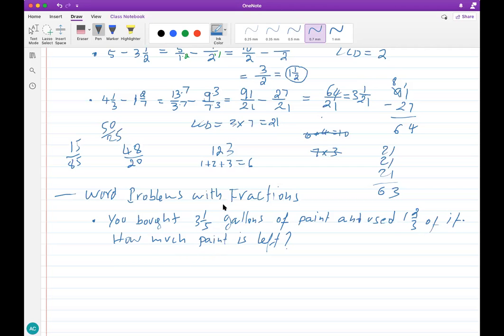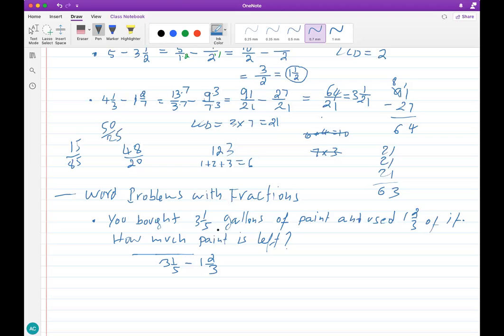So we understand this. So what is the operation? Obviously, it will be 3 1/5 minus 1 2/3.